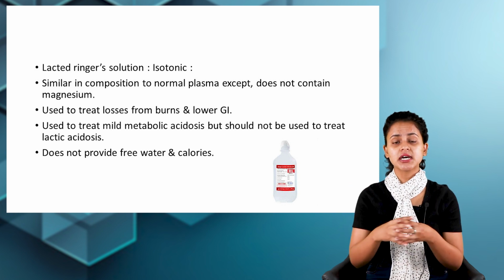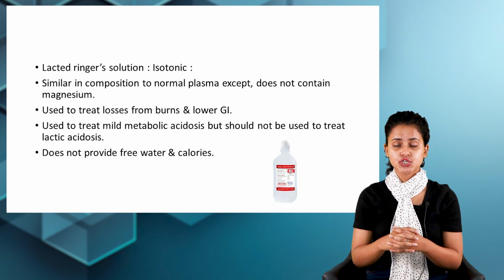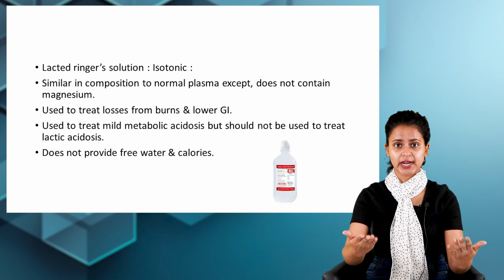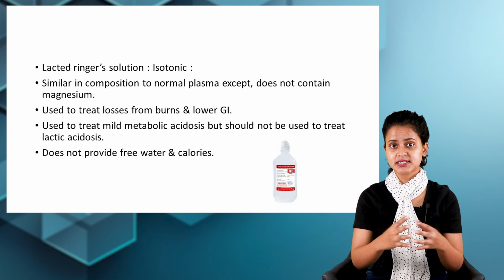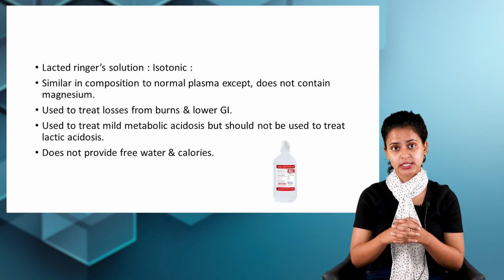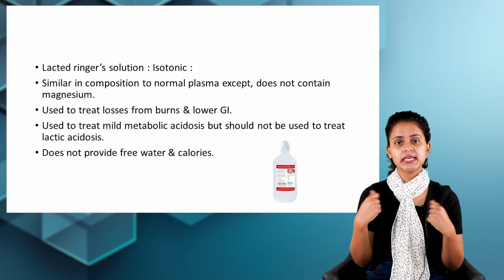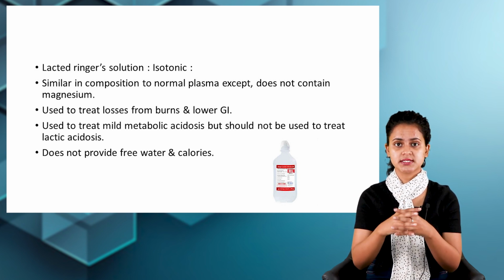It does not provide free water or calories. So where we just want to supplement electrolytes, not water, we use Ringer's solution. It is used to expand the intravascular volume and even helps replace extracellular fluid losses.